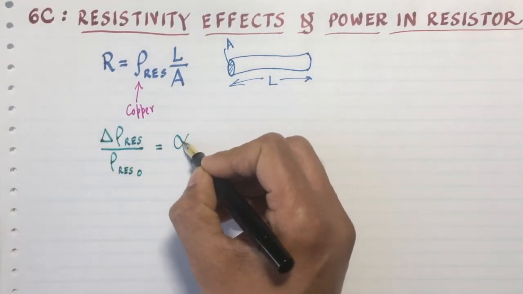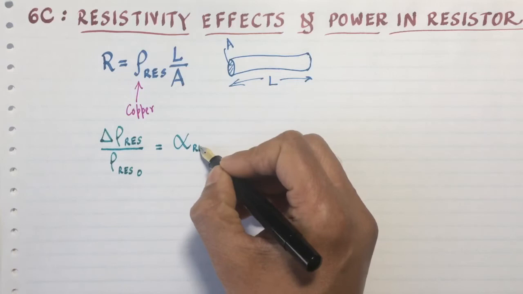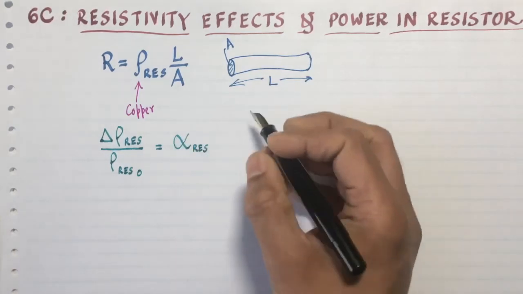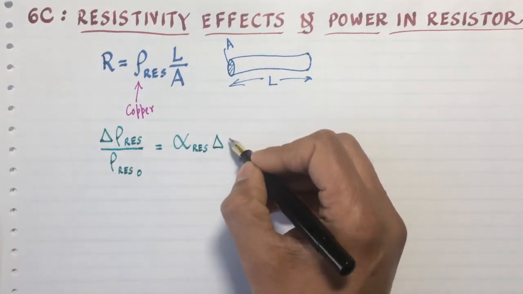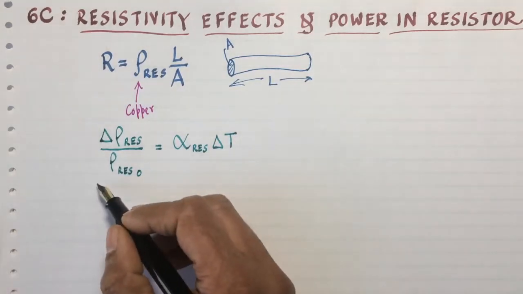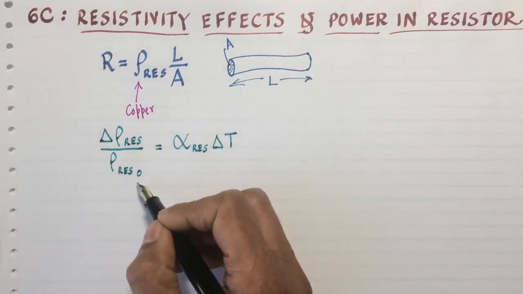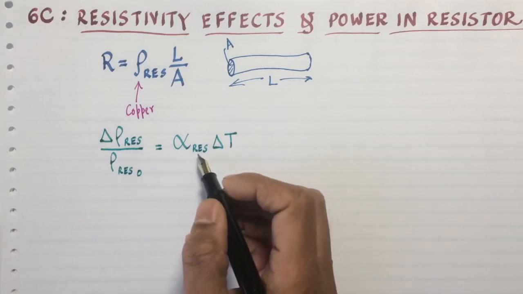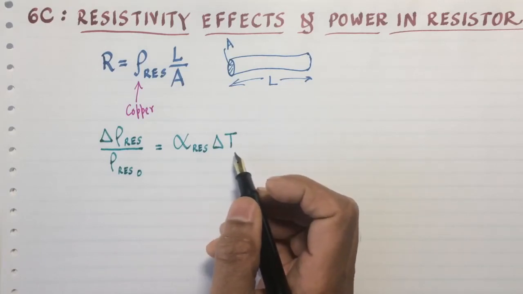That's going to be equal to alpha, this coefficient of resistivity called alpha res, times the change in temperature. The change in temperature is either measured in degrees Celsius or degrees Kelvin. So this gives us the percentage change in resistivity as a function of the change in temperature.